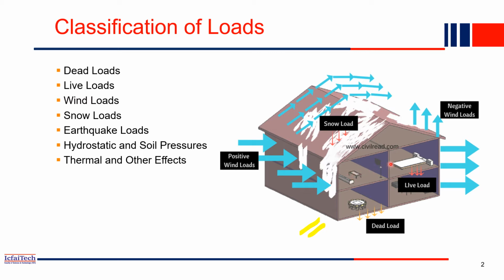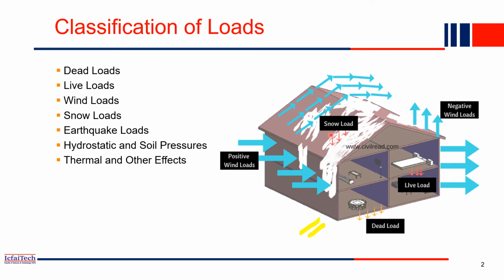Then the third category is wind load. Some structures are situated on top of a hill, so in that case the structure also experiences a horizontal force, which we call wind load. Please remember, the self weight of the structure, the dead load, is always vertically down, because of gravity, all the material will be pulling downwards.